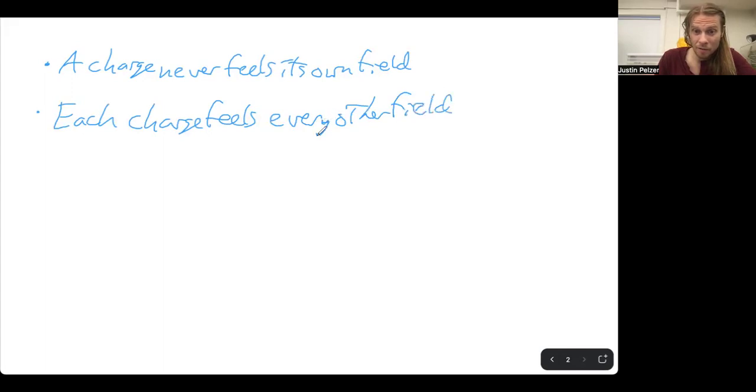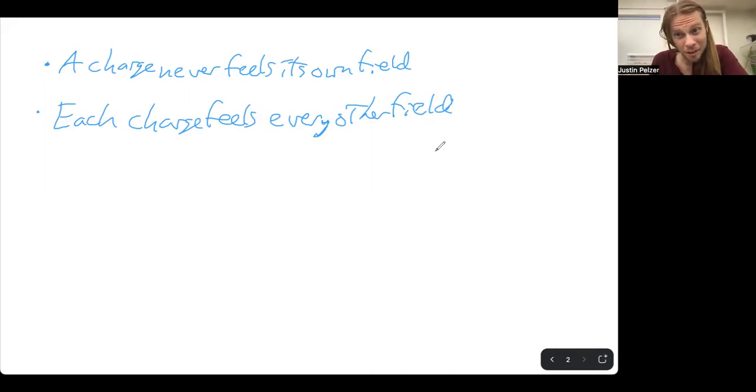Obviously, in real life, there's almost countless charges exerting fields on each other, and the ones that are close by will dominate. But technically, we're feeling the gravity from Jupiter. Technically, every electron's feeling the field from every other charge in existence. And it's just the ones that are close by that matter.